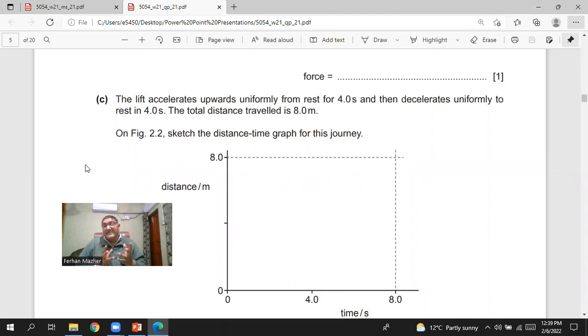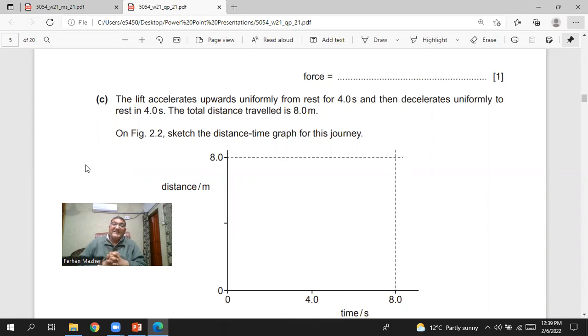And because this is a distance time graph, the slope of the distance time graph shows the speed. And because first the body is accelerating, it means that the speed of the body is increasing. So the graph's gradient, the graph's slope should be increasing. And in the last 4 seconds, the body is slowing down, it's decelerating.